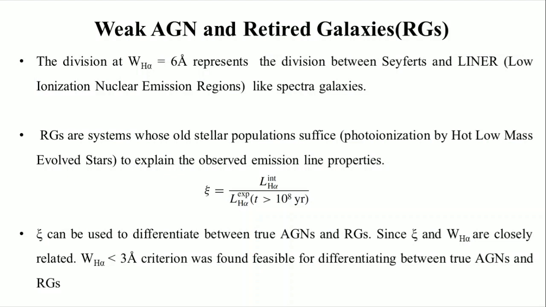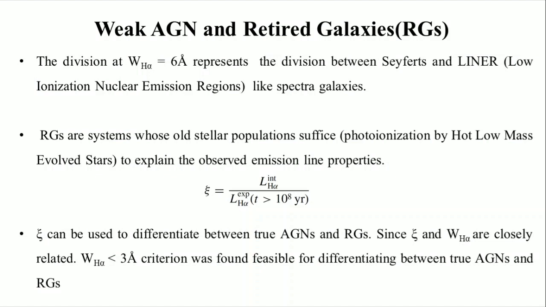This distinction is important because these two could have stellar populations at different evolutionary stages, and if we misclassify them, we are putting them in different parts of galaxy evolution. One way to make the distinction between weak AGN and retired galaxies is using Z. This factor is the extinction corrected, intrinsic H alpha luminosity divided by the H alpha luminosity expected from stellar populations older than 10 to the power 8 years.